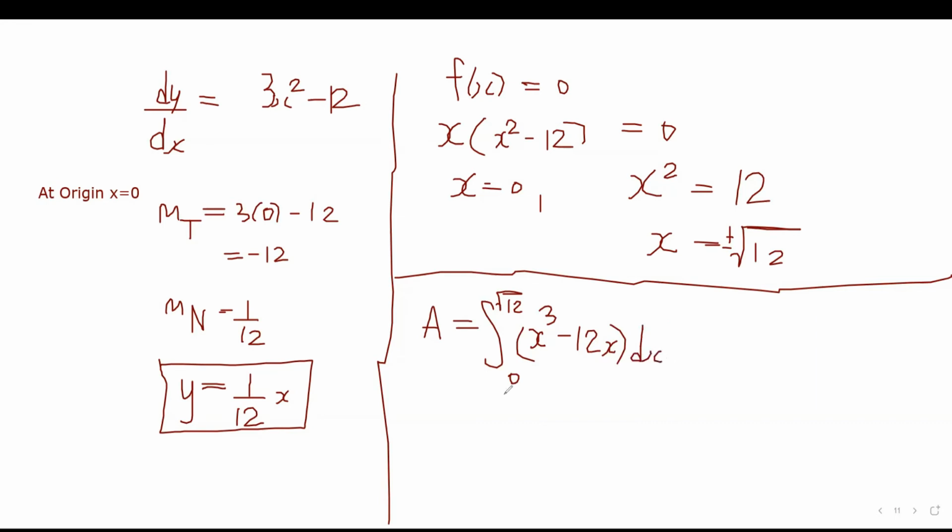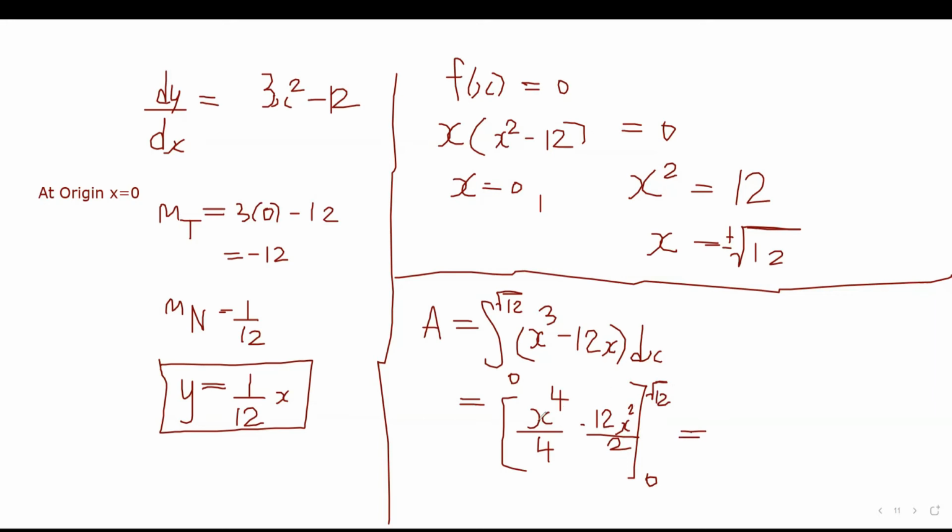So now we're going to integrate this curve, and what we're going to get is x to the 4 over 4 minus 12x squared over 2, and we are integrating from 0 to root 12, right? Right, Marika? Yes, sir. Nice.